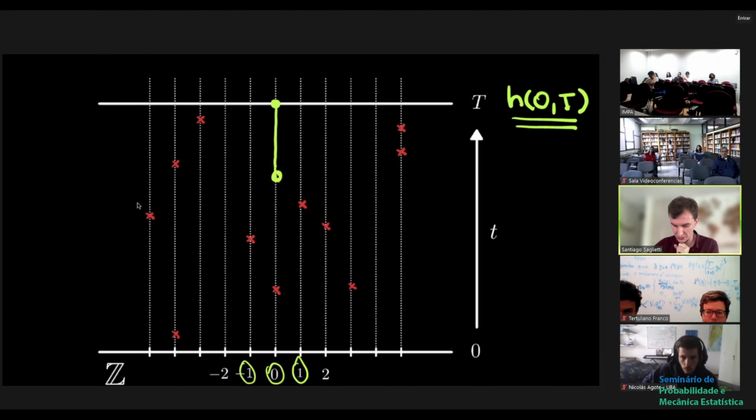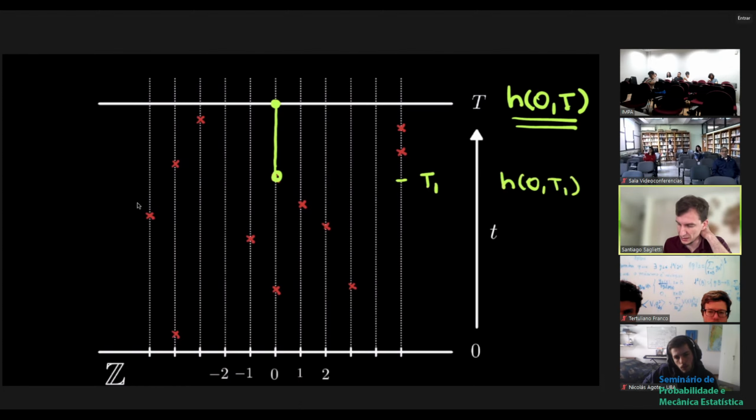So now what we need to do is decide what's the height of the columns at this time. Let's call this time t prime or t1. What I need to do now is compute the height above 0 at time t1, and I also need to compute the height above 1 at time t1, and also the height above -1 at time t1.